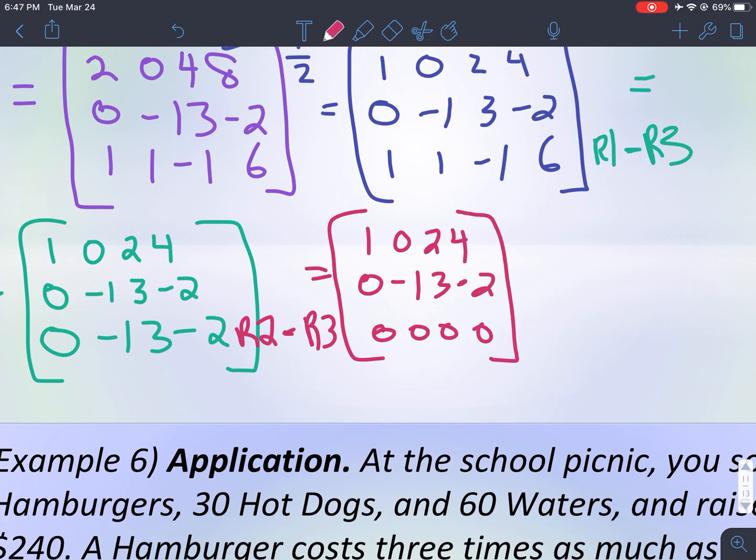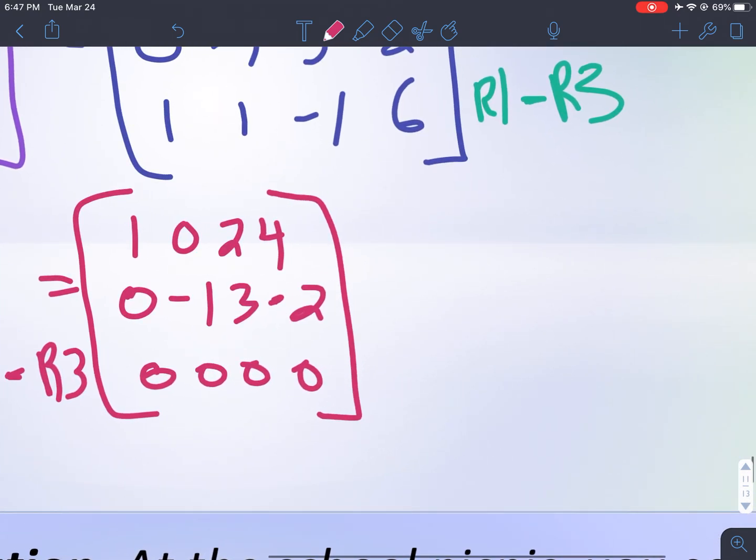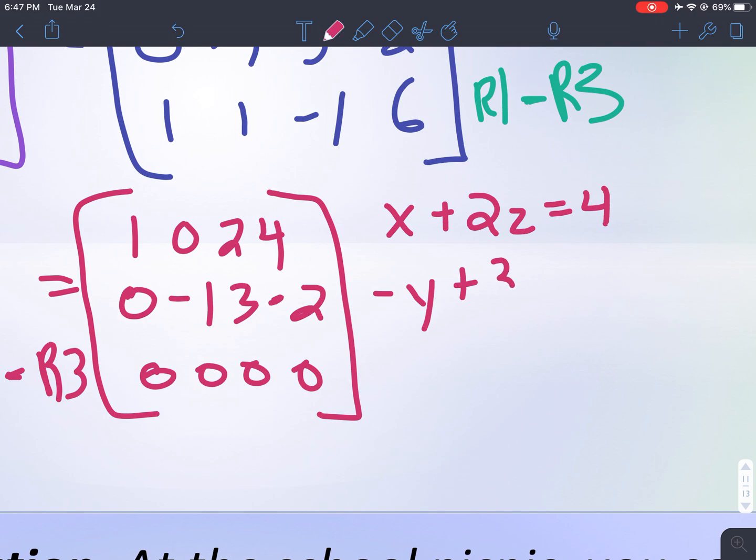It's like saying that there is no third equation in the bottom. But the two equations I could make are x plus 2z equals 4 and negative y plus 3z equals negative 2. But z isn't constrained. There's no third equation. So that means z can be whatever we want it to be.